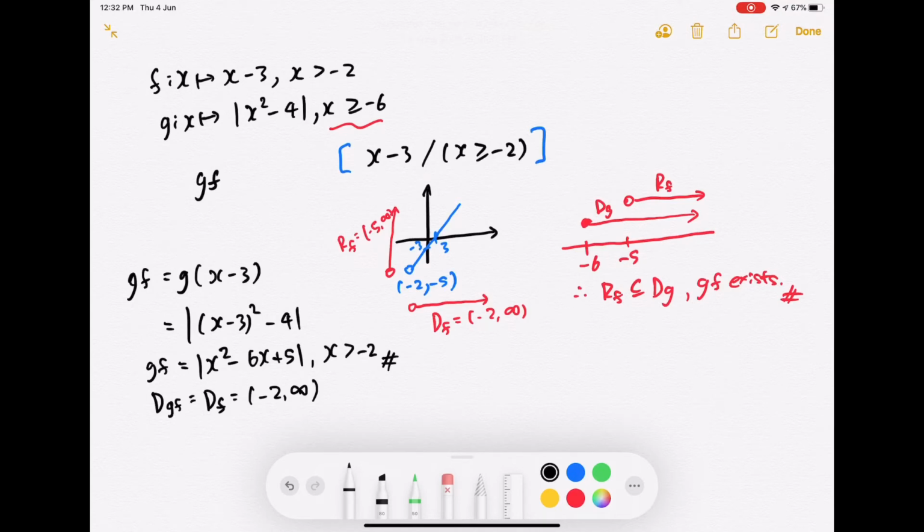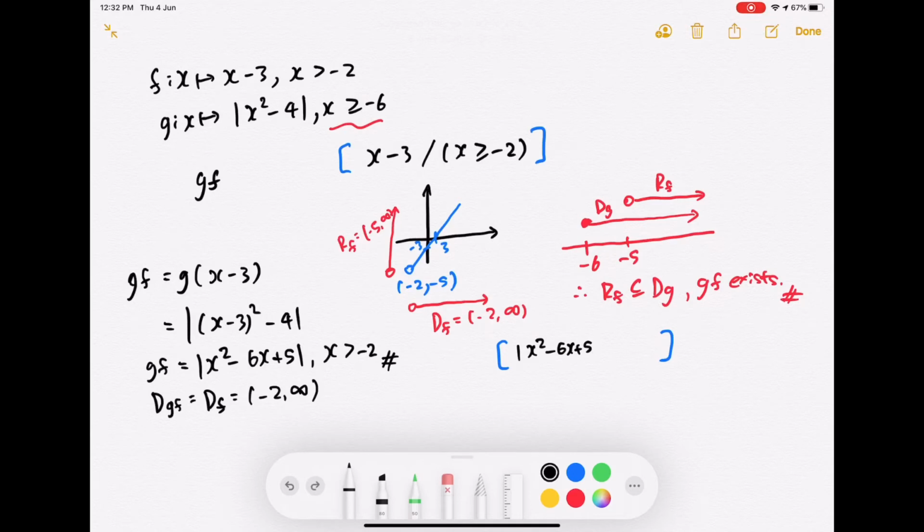And the last thing to find is the range of gf. How are you going to find the range of gf? I'm going to show you here. We're going to plot this into the GC. For the equation of gf, we have mod x squared minus 6x plus 5.